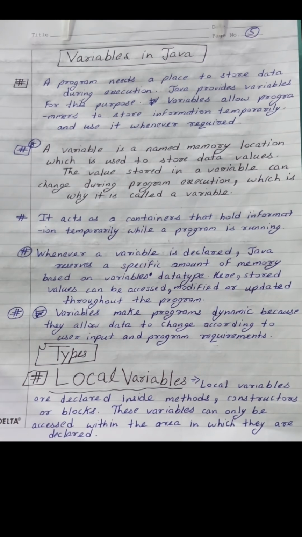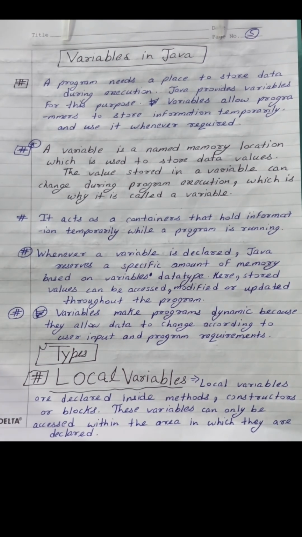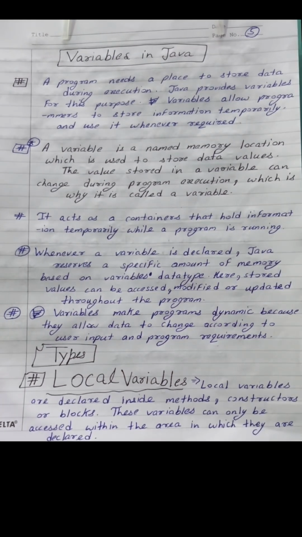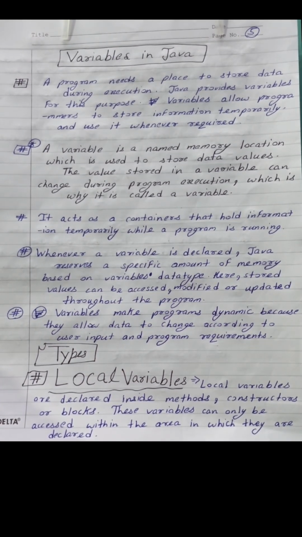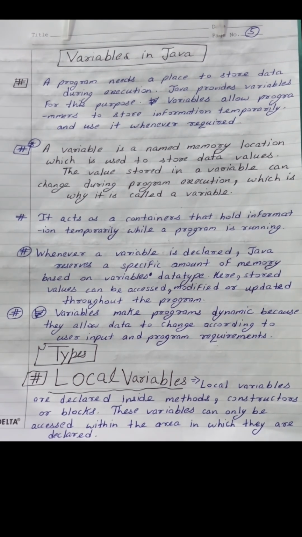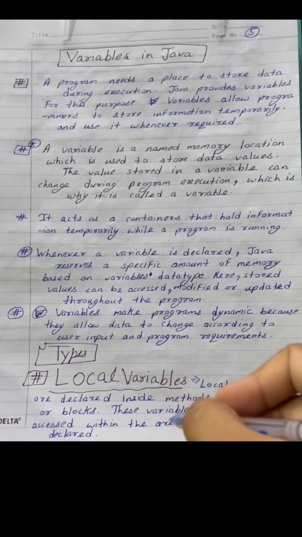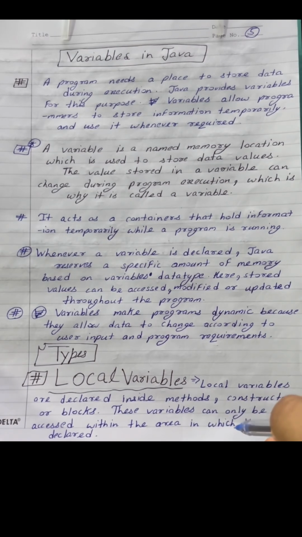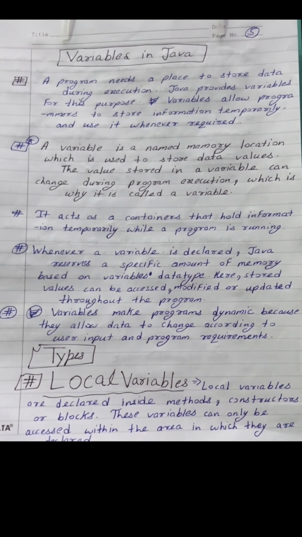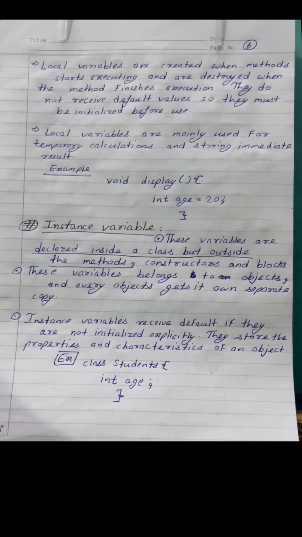local variables. So guys, local variables are declared inside the methods, constructors, or blocks, and these variables can only be accessed within the area in which they are declared, not outside.